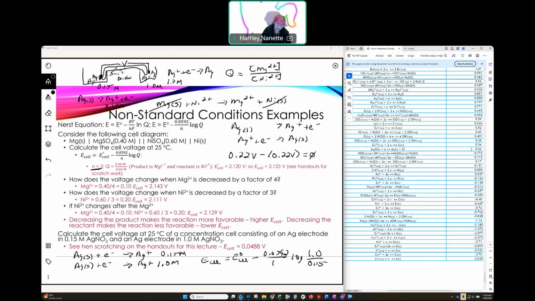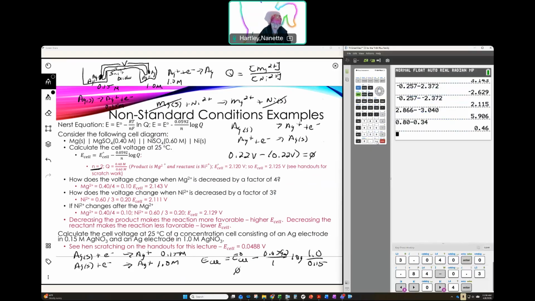Now I know that this E naught cell is 0, so what I'm actually calculating is negative 0.0592 divided by 1 times the log of, sorry, wrong one, kind of backwards, 1.0, my product, divided by 0.15.